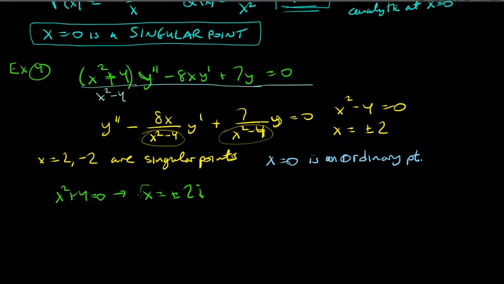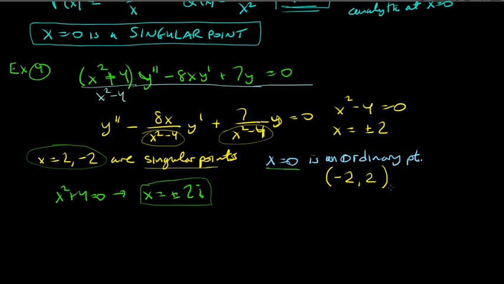But what could happen is this could affect your radius of convergence. It could affect your interval of convergence. So when this was x squared minus 4, you can see x equals 0 is an ordinary point, but the singular points, 2 and negative 2, might affect your interval of convergence. So your interval of convergence here might only go from negative 2 to positive 2, because at negative 2 you have a singular point, and at positive 2 you have a singular point.